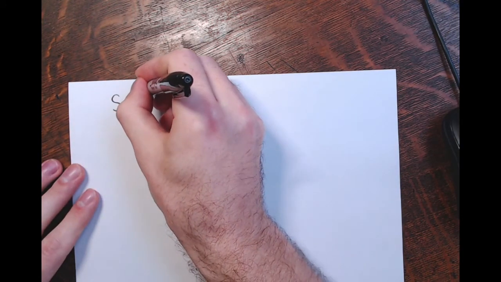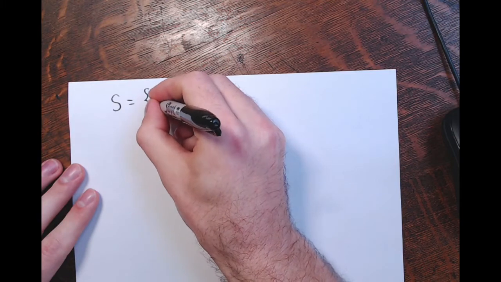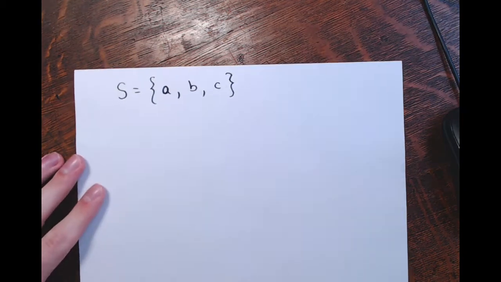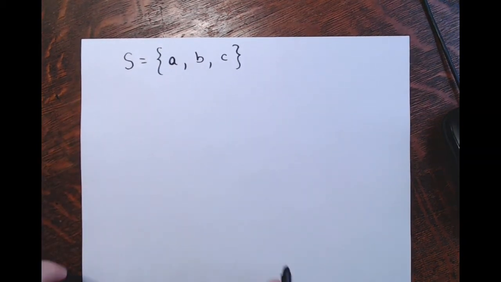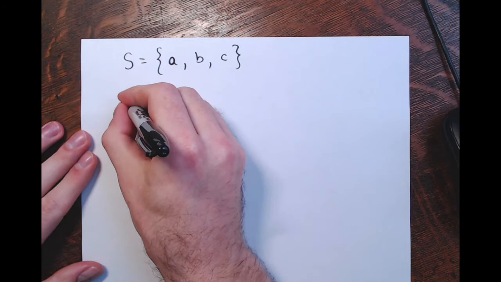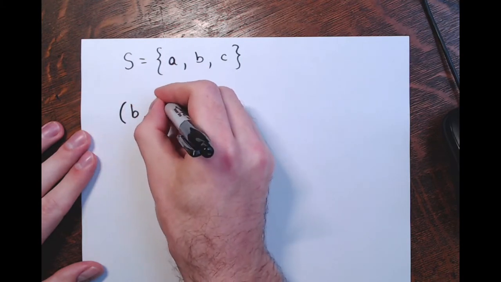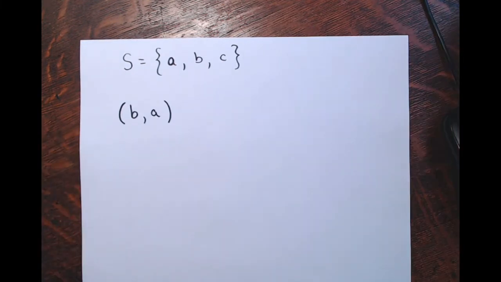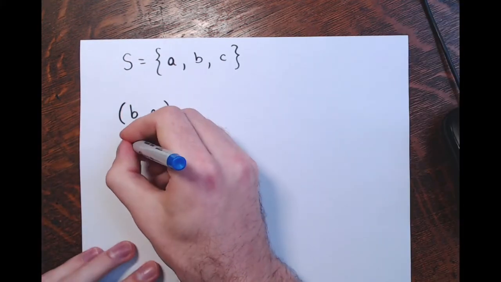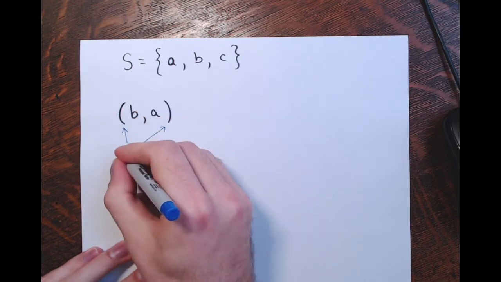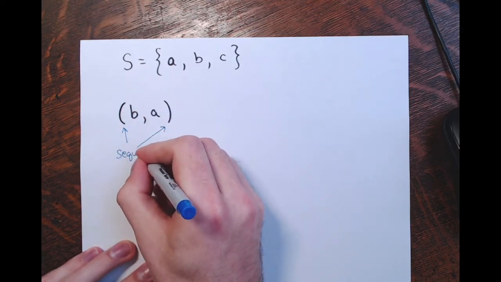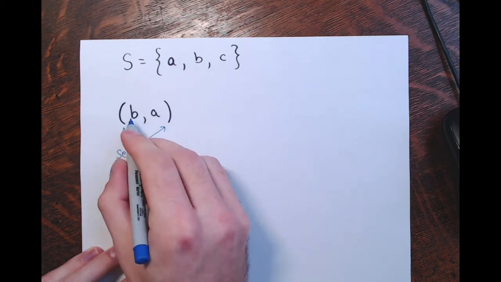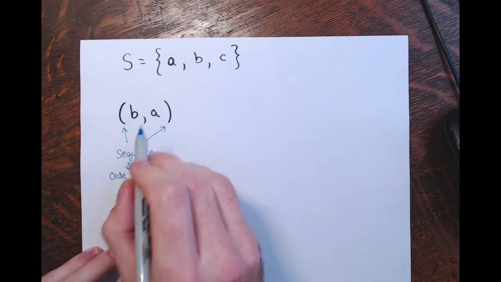S is a set with elements A, B, and C. Now the first one, they say, if I gave you this, look here, see the parentheses mean that this is a sequence, meaning that order matters. So this is totally different than B comma A.